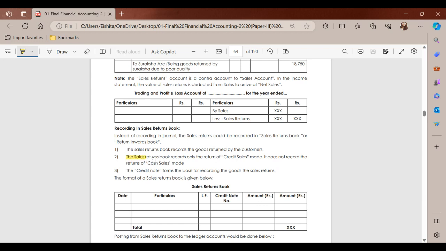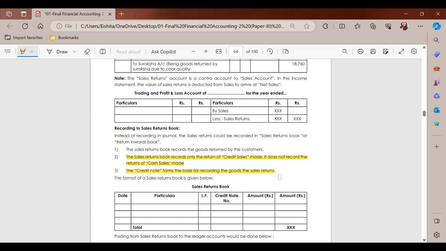The sales return book records only the return of credit sales made. It does not record the return of cash sales made. The credit note forms the basis of recording the sales return.